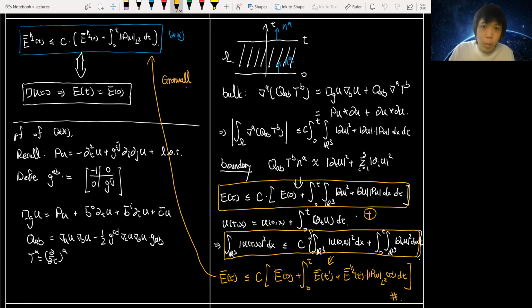And using that, we can prove the existence and the uniqueness of the linear wave equation. And in the next lecture, we are going to continue to use the vector field method to study the long-time behavior of these solutions. Okay, so this is this lecture.